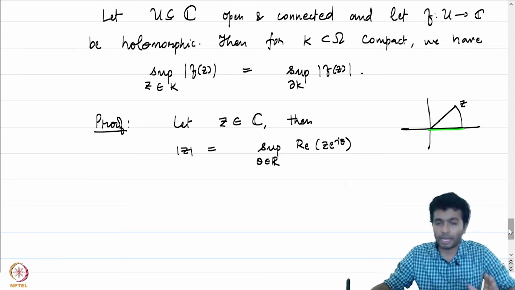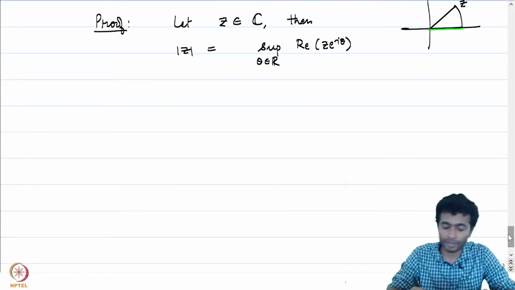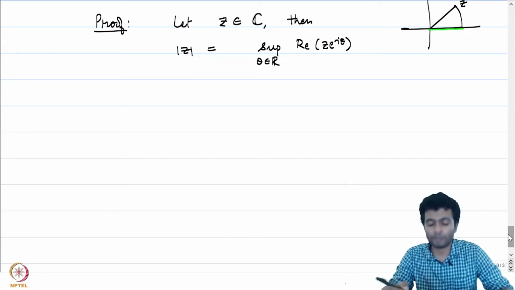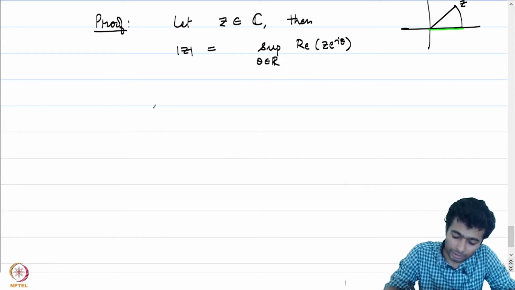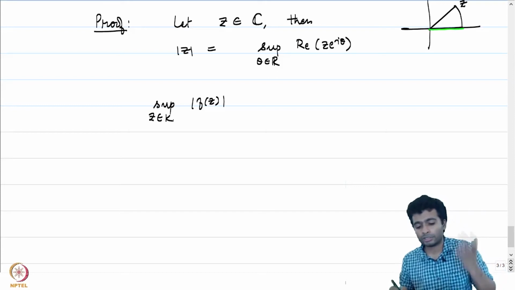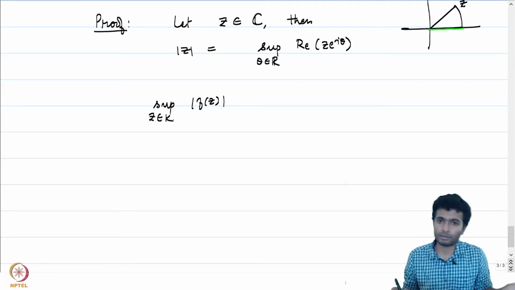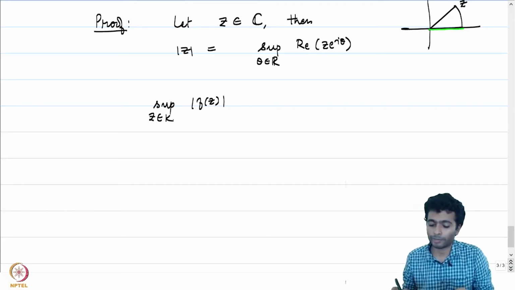Alright, so once we have made this observation, now let's get back to the setup we are in. We are interested in proving that the supremum of mod f of z, where z belongs to K, is the same as the supremum of mod f of z, where the supremum is now being taken over the boundary.